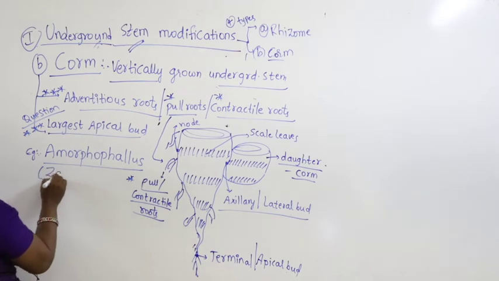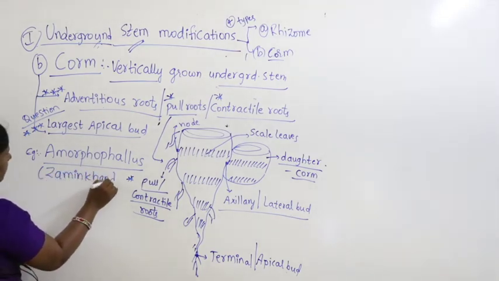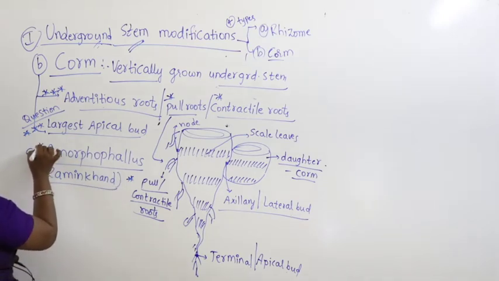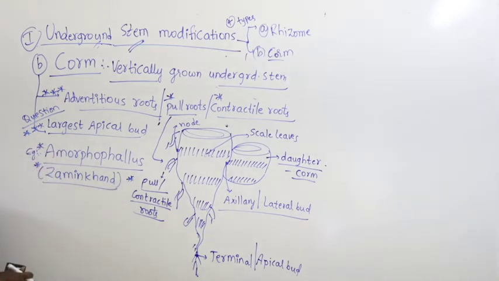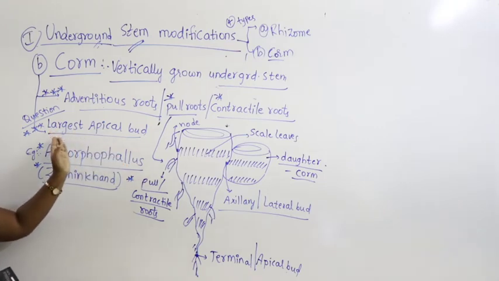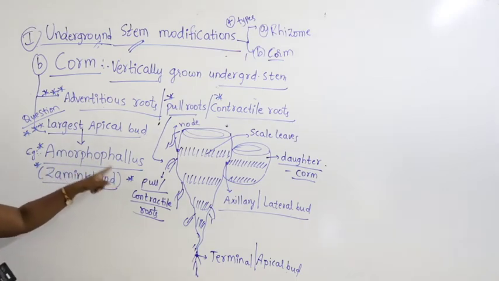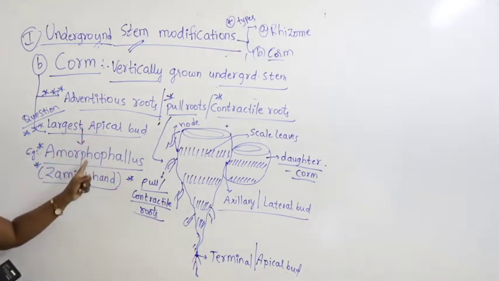Okay, this is commonly called Zemincant. Right. So the largest apical bud, that itself is called Amorphophallus.